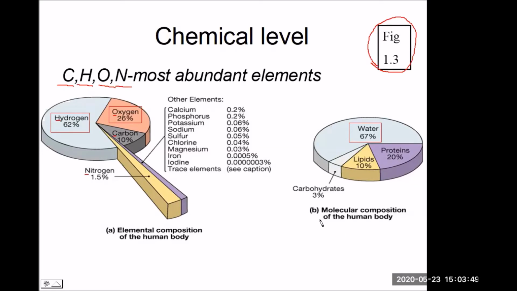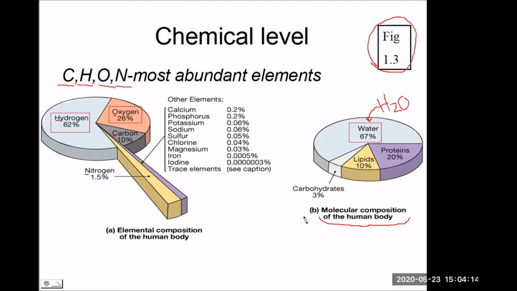Whereas at the molecular level, a combination of atoms to make a molecule, and H2O is a great example. The most common molecule in our body is, of course, H2O, water. And all of biology takes place within water. So we see this here at the chemical level.